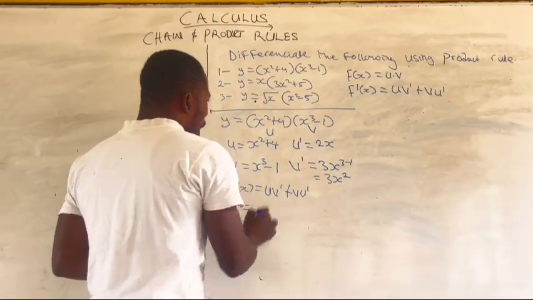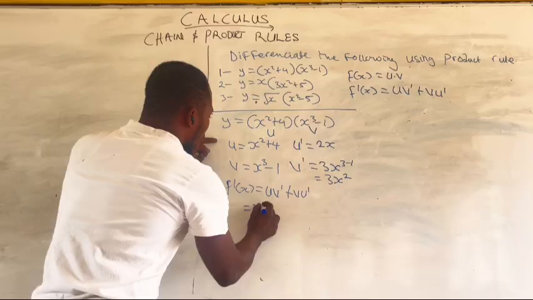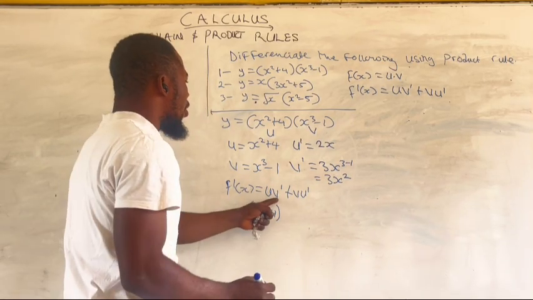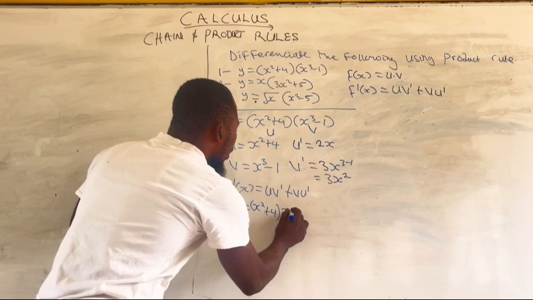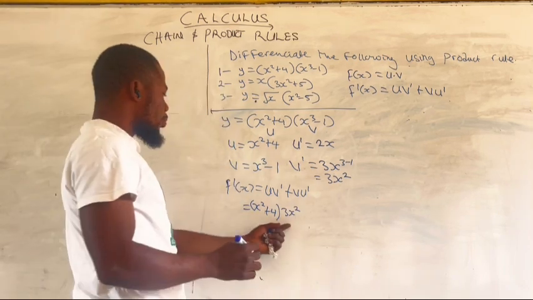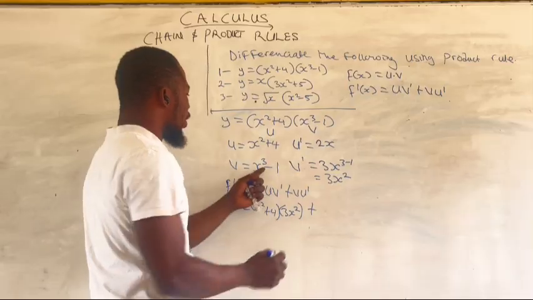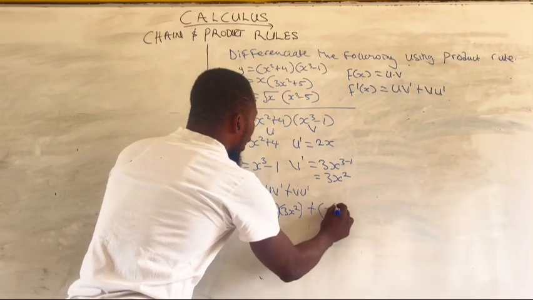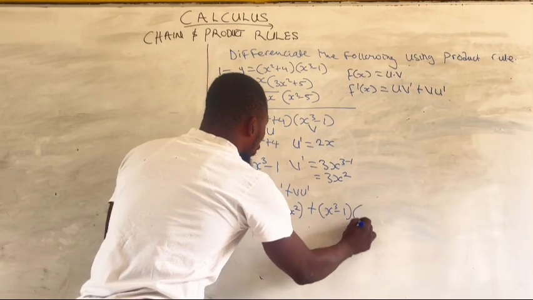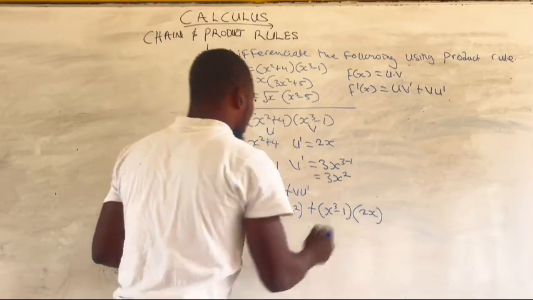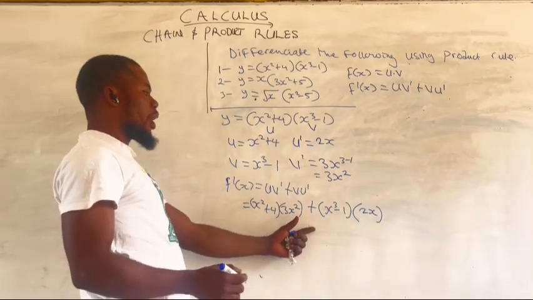So our u is x squared plus 4 multiplied by our v prime, which is 3x squared, then plus our v, x raised to the power of 3 minus 1, multiplied by our u prime, which is 2x.